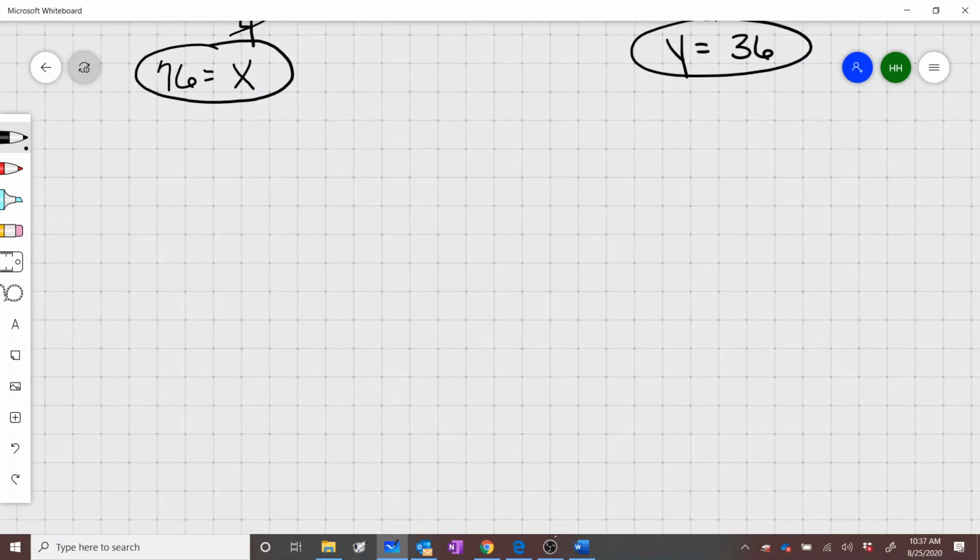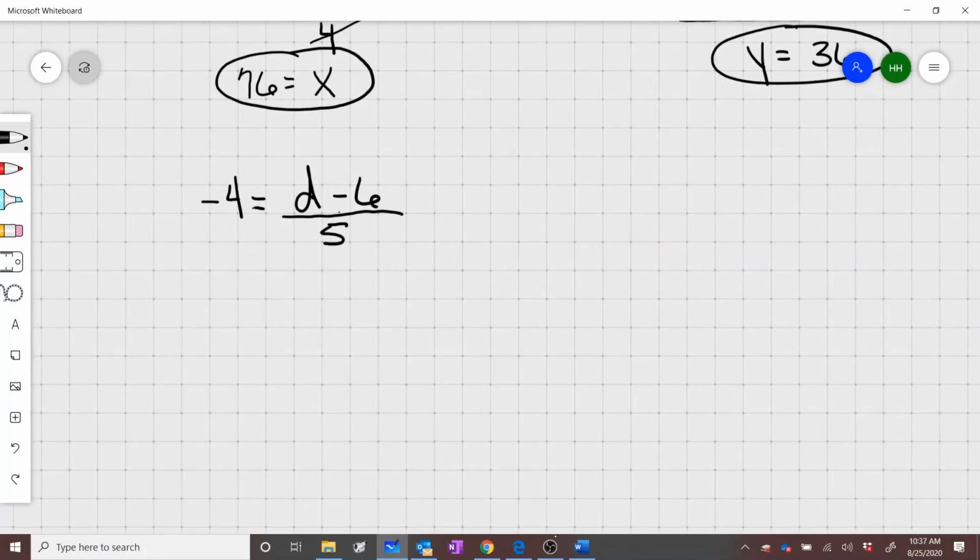Let's take a look at negative 3, or let's go negative 4 equals d minus 6 over 5. So we're trying to get the d minus 6 by itself first, right?